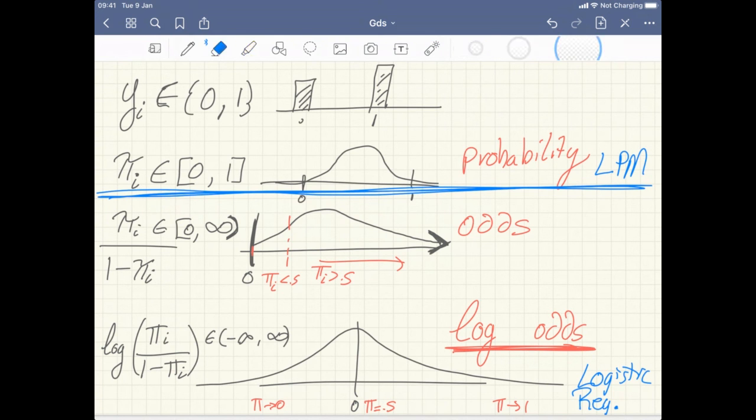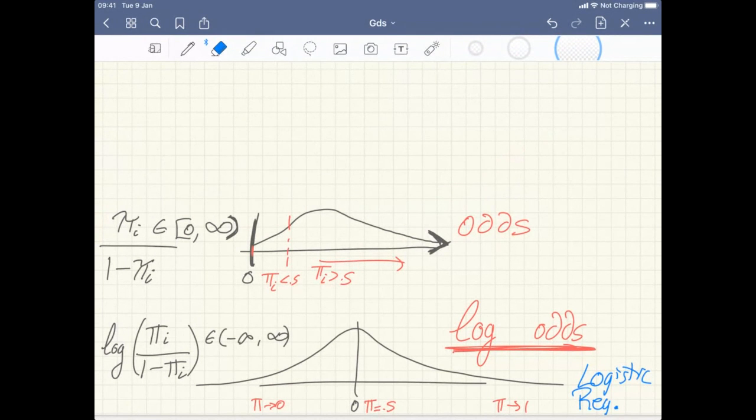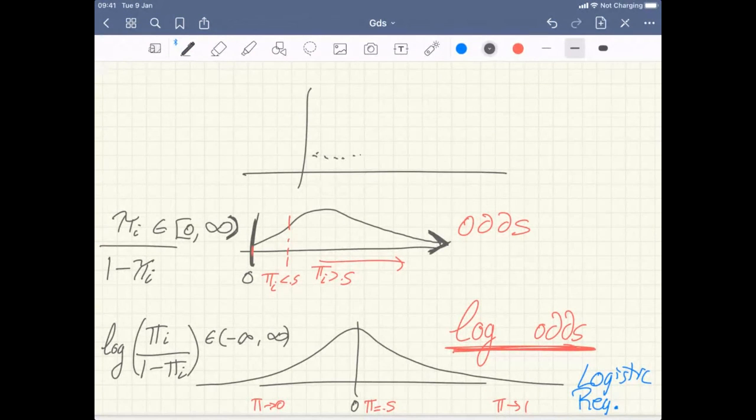Functionally, this means that the logistic curve, I'm going to delete the top, instead of being a linear line like that, is actually a curve that looks like this.